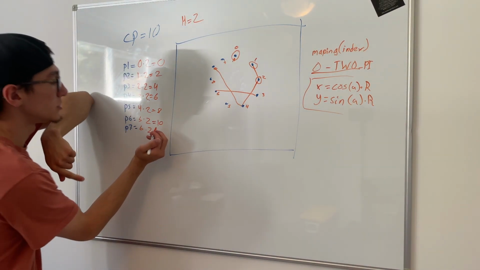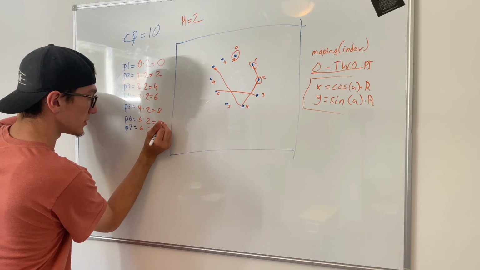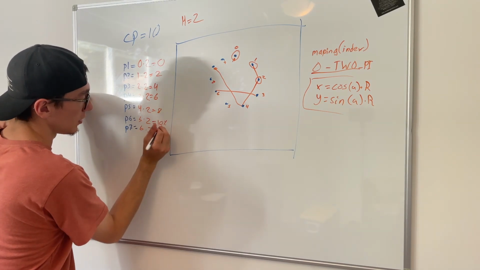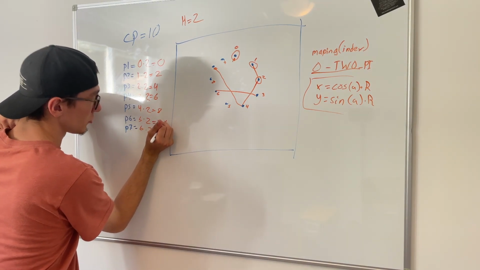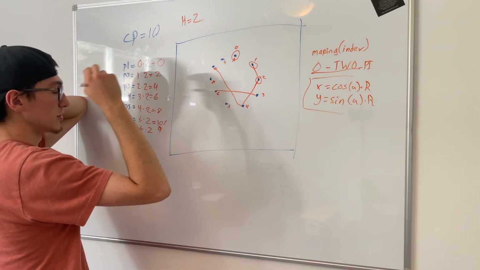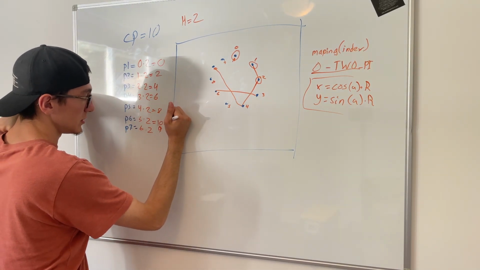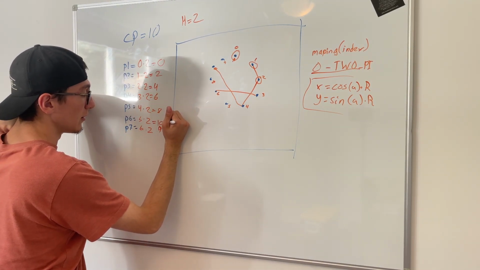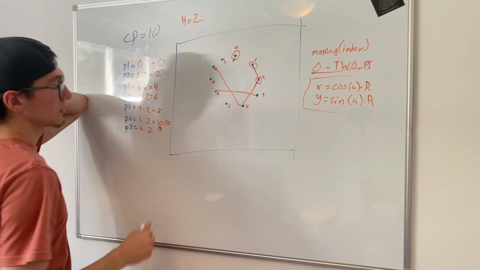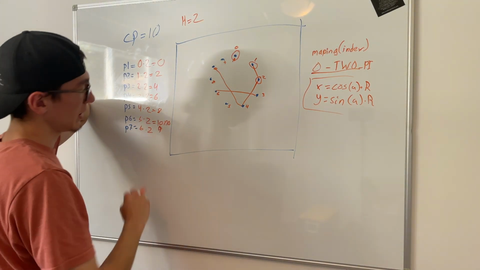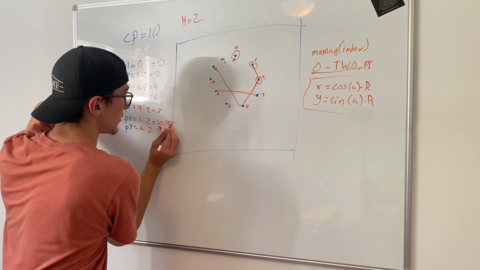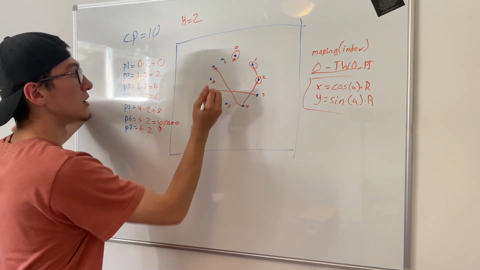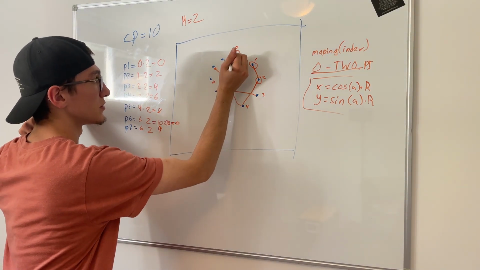So what we want to do is mod this value by the total number of, like the max number of points. In our case, it's 10. So 10 modulus 10 equals 0. So we go from 5 to 0.